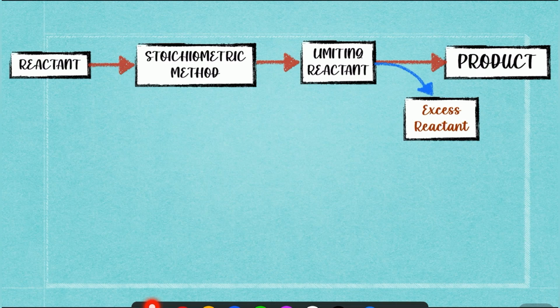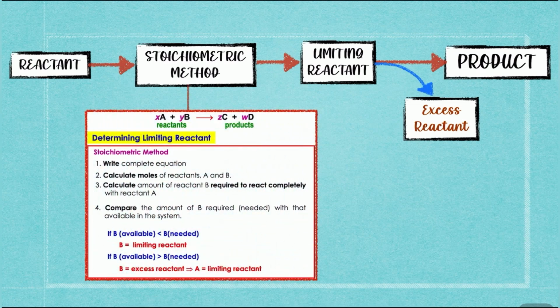So what is the stoichiometric method? By using the concept that I told you before in the map, you have to relate with the equation and make sure that the equation is balanced.